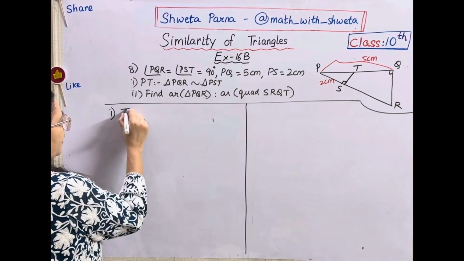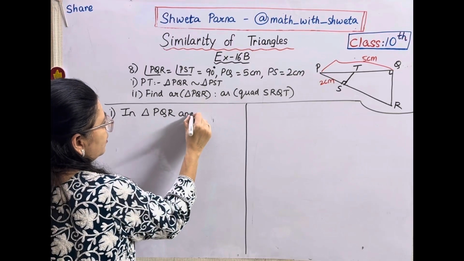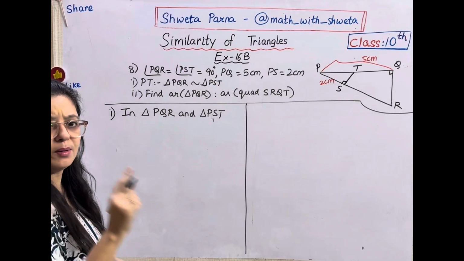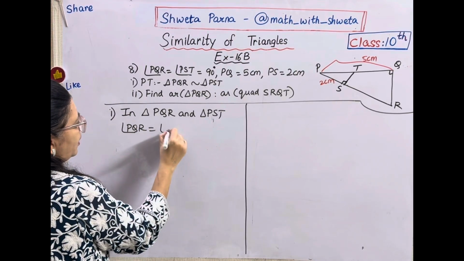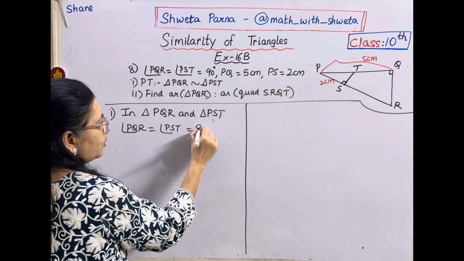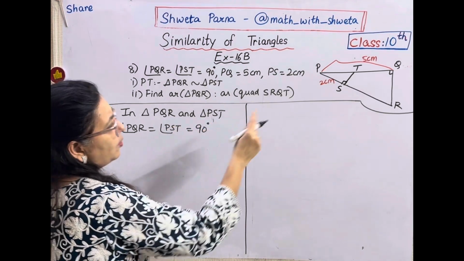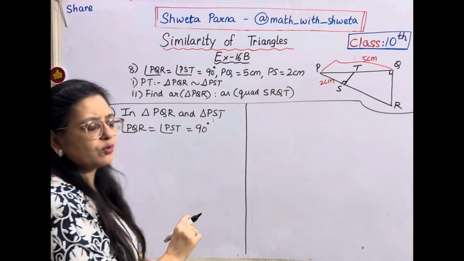So first one, in triangle PQR and triangle PST. First, what information is given? Both are 90 degrees. So angle PQR is equal to angle PST is equal to 90 degrees. This is given in the question. Now, the next part, in both the triangles, angle P is common.